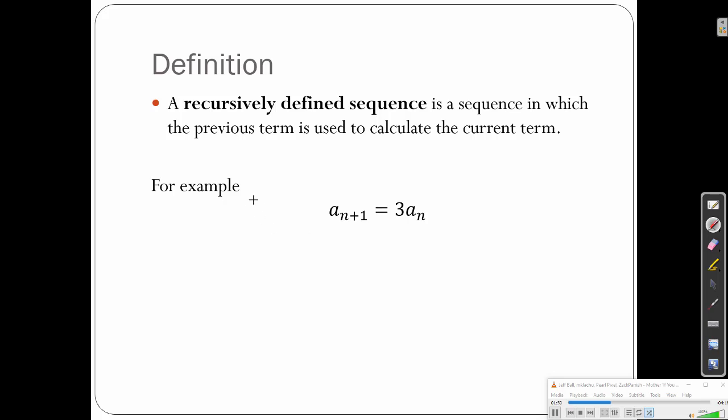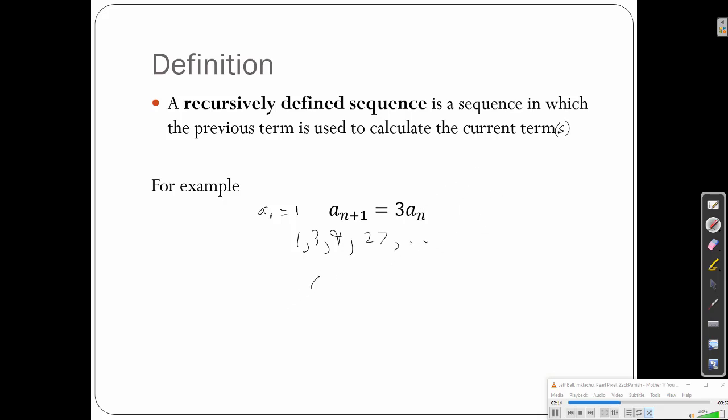You might ask then, how do we start it? Well, there's usually also a given first term. And I guess I will even say it could be in terms of multiple terms. So like in this case, all we need is 1.